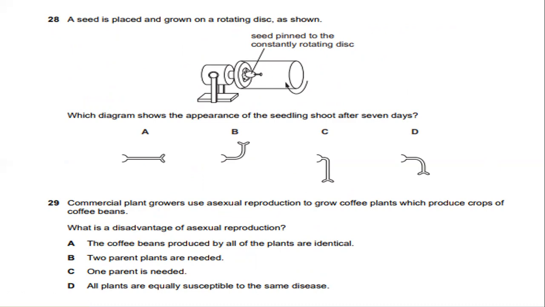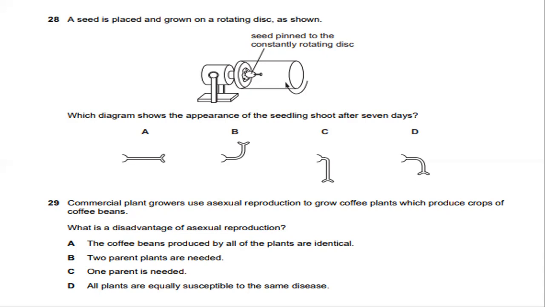Question number 28 is related to coordination and response in plants that is related to gravity. A seed is placed and grown on a rotating disc as shown. The seed is pinned to the constantly rotating disc. Which diagram shows the appearance of a seedling shoot after 7 days? In this question, this is related to gravitropism, which is a response in which a plant grows toward gravity.